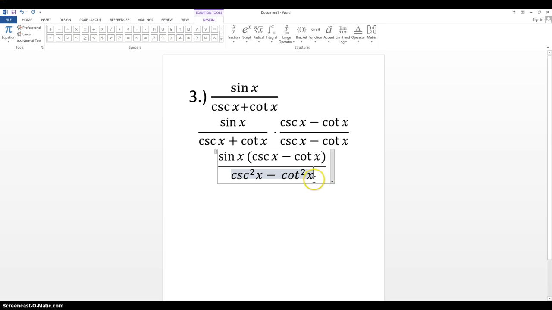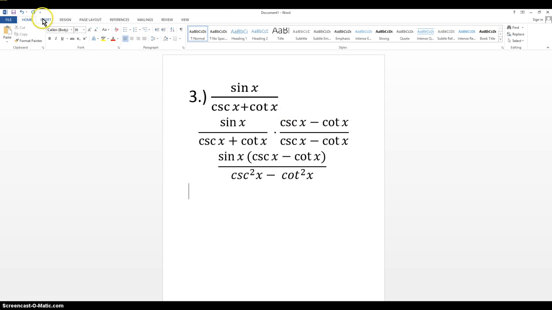From this bottom we can decipher that it's some type of Pythagorean identity. So let's go ahead and write our Pythagorean identity.